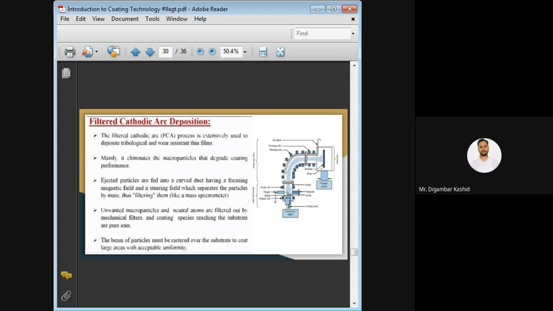The filtered cathodic arc process is extensively used to deposit tribological and wear resistant thin films, and mainly it eliminates the macro particles that degrade the coating performance.